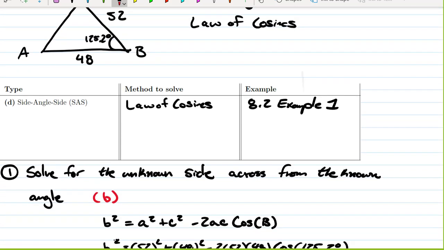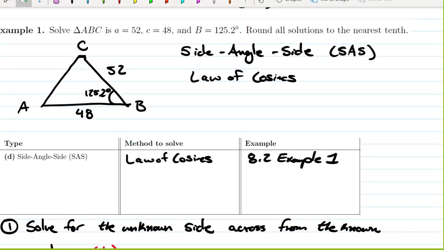So let's take our triangle. I'm just going to grab a copy of it, and then we're going to illustrate what's happening here.